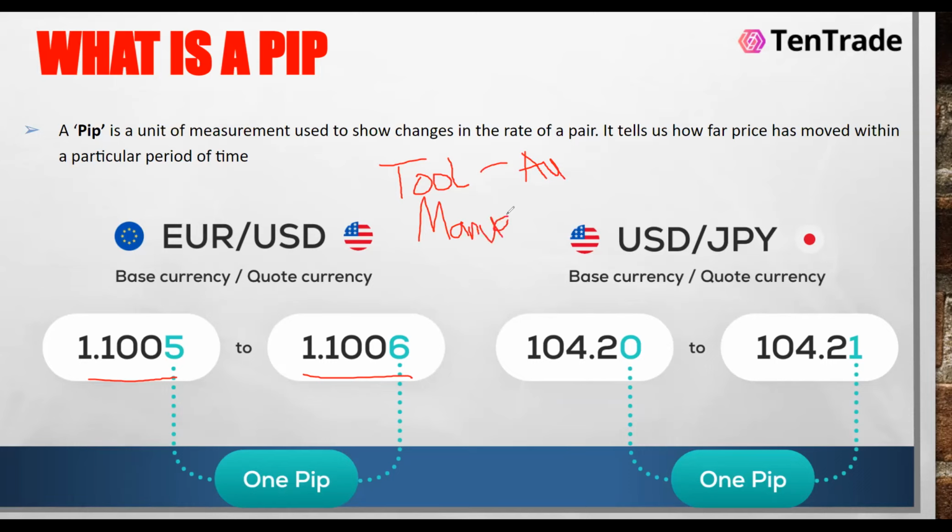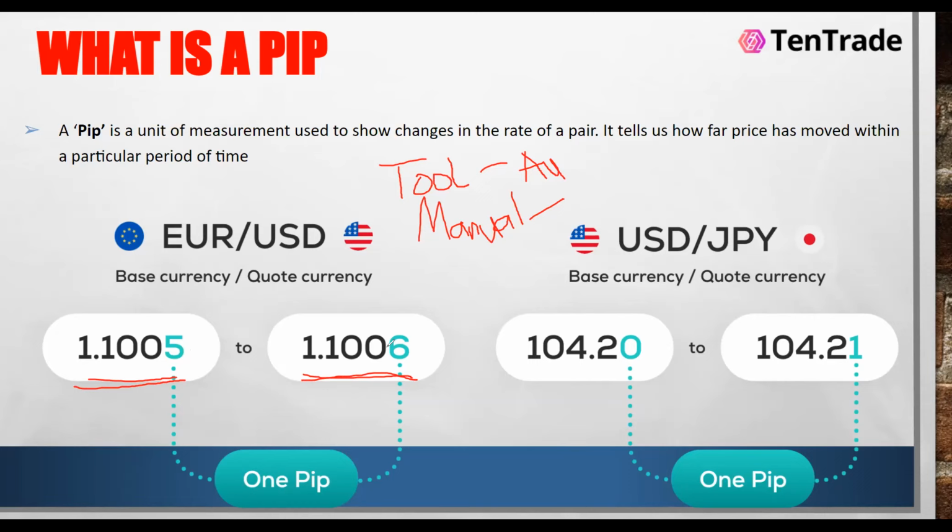And guys, it's very, very simple to do. So let me show you the easiest way that I learned how to calculate PIPs, or how to calculate the difference in price. All you want to do is very simple. You start by subtracting the origin exchange rate from the destination, a simple mathematical subtraction calculation.